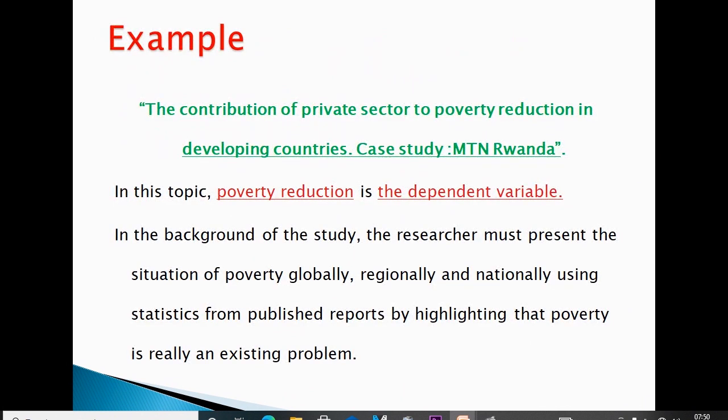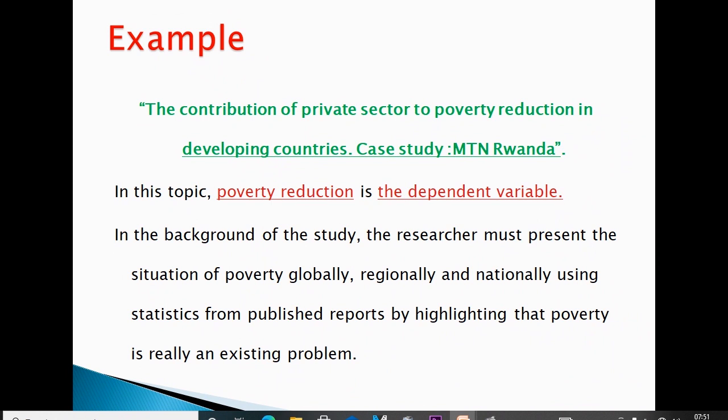Let us, for example, enter into practice and consider the topic that we chose previously, the contribution of private sector to poverty reduction in developing countries, case study MTN Rwanda. In this topic, poverty reduction is the dependent variable.